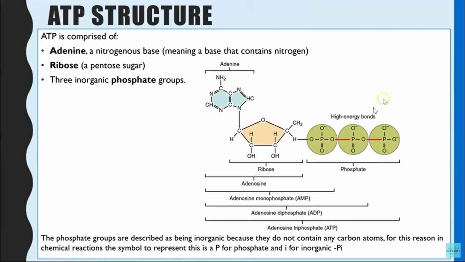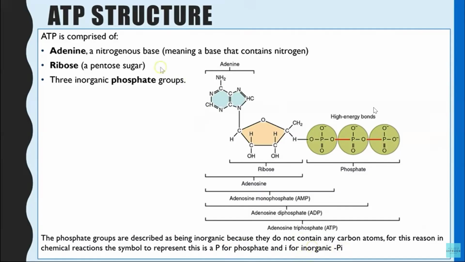The final structure is the 3 phosphate groups. These are inorganic phosphate groups because they do not contain any carbon atoms. You can see here it just contains phosphorus and oxygen, which is what a phosphate group is. Sometimes in a word equation or a symbol equation, you might see it shown as just a P or Pi to show that it's inorganic phosphate.